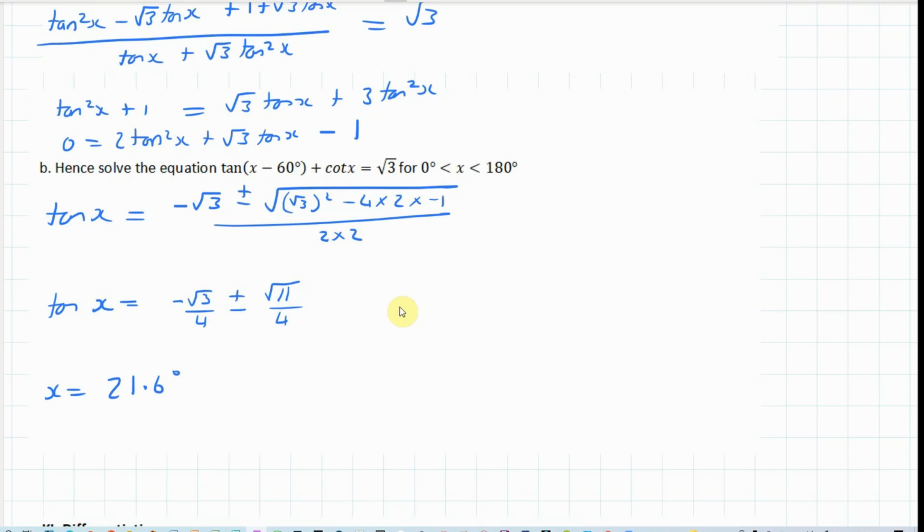And given the range, that's the only one for that one in the range. Now I'm going to use the negative one, and this gives me negative 51, which is obviously not in our range. But if we add 180 to that, we get something in the range, which is 128.4, because the period of a tan graph is 180. So those are my two values here.